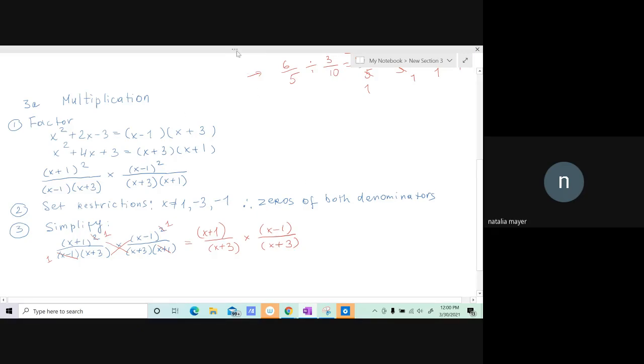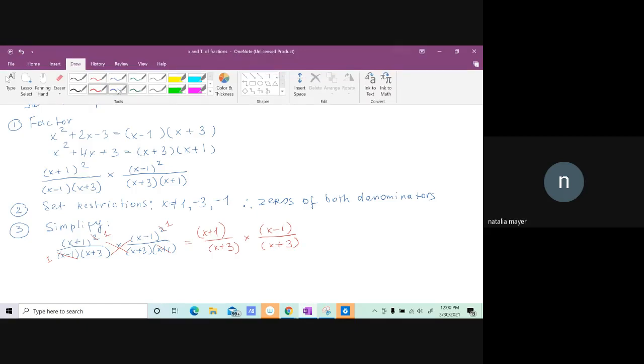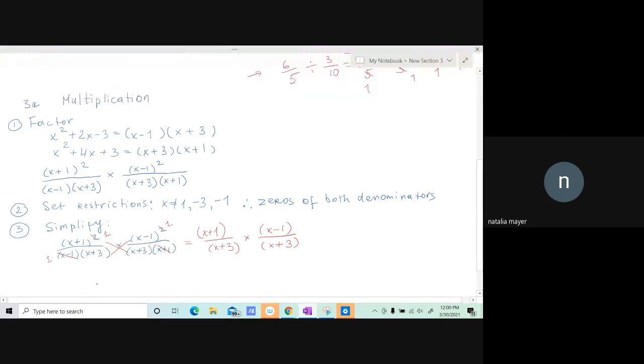So what do you think is going to be the next step? What's left? We remember what we are doing? We're multiplying. So basically, finally, we can multiply. We already simplified. Oh, yeah. So multiply.